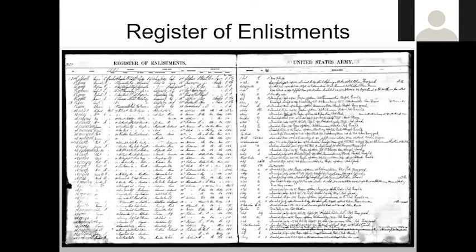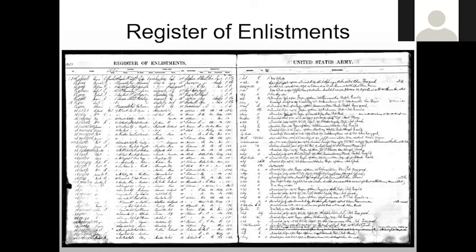This is the register of enlistments that we were talking about earlier. And it's a listing for the Army, and I'm not sure what year this one is actually from, but it gives you a complete listing of all the people whose last names begin with C. It's just a single page, who actually enlisted them. It will give you a physical description as well.